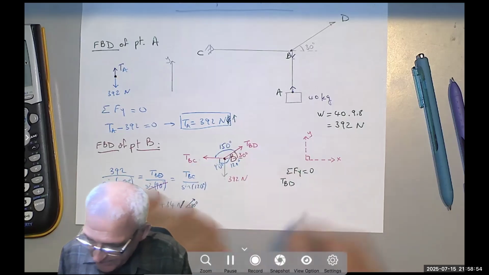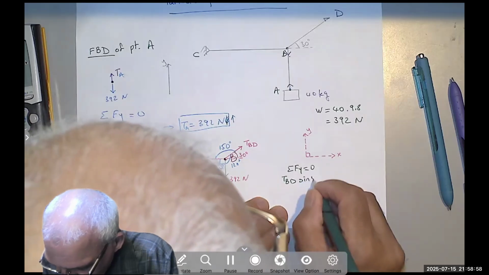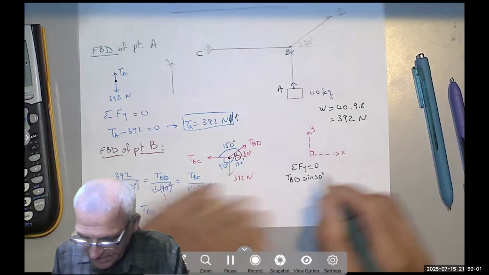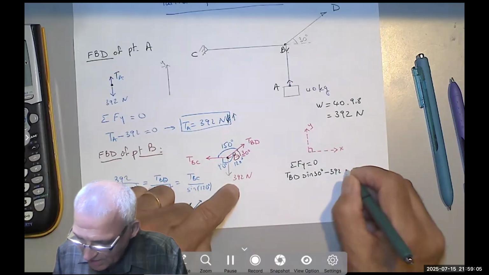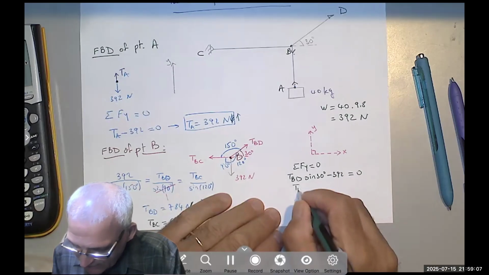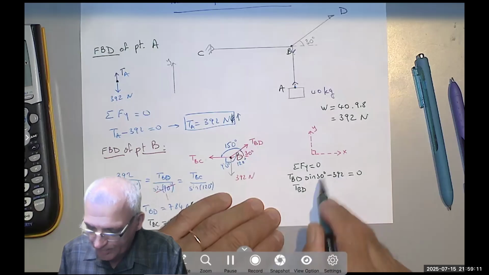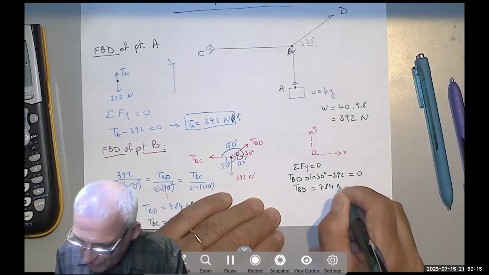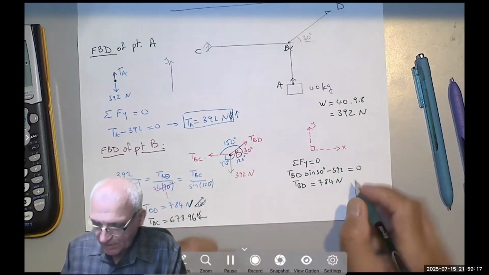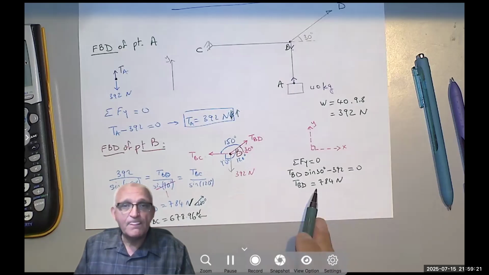TBD sine 30 will give me the vertical part. It's going up, so it's positive. Minus 392 equals 0. And when you solve, because sine 30 is 1/2, you divide 392 by 1/2, and you get 784 Newton. Of course, going in that direction, but it's the same answer.